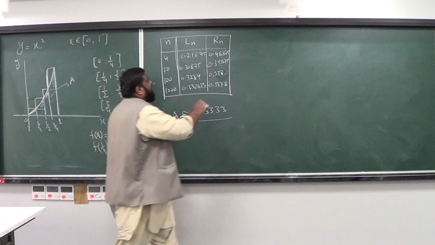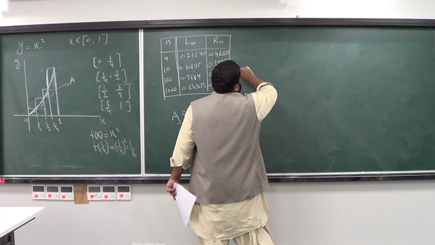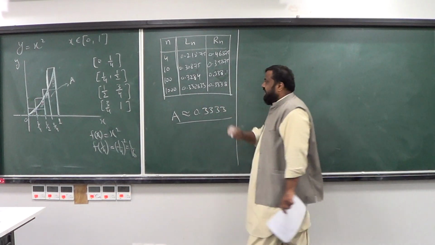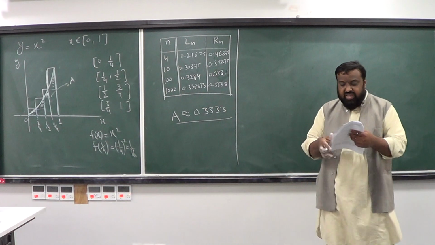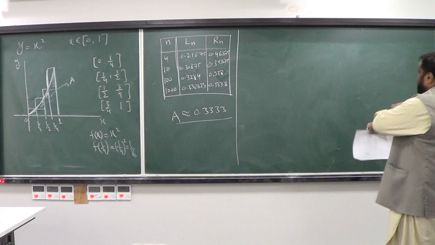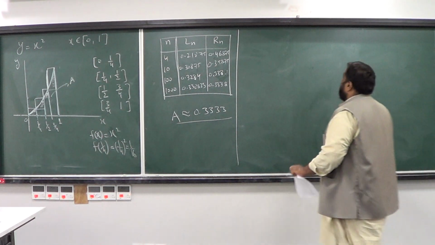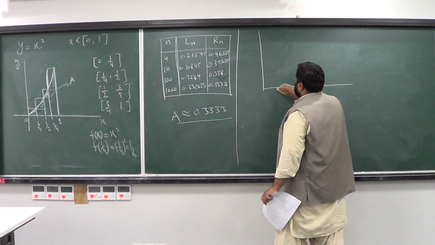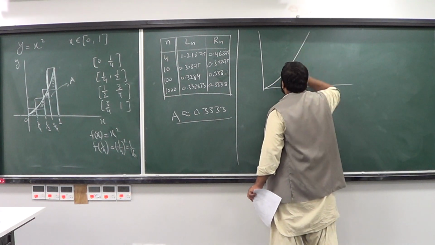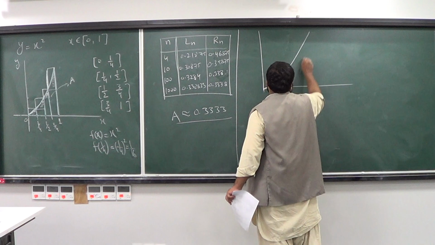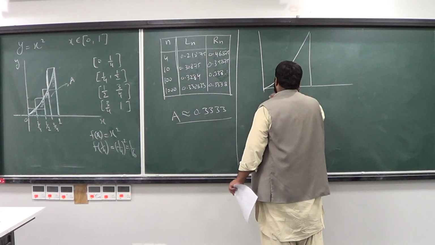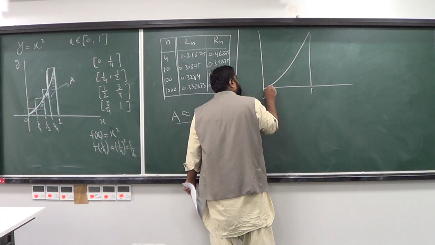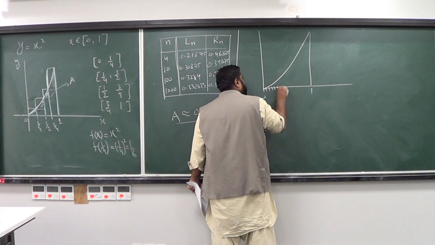Area. Now let's talk about a little bit of a general method to compute such areas. Okay, so for example, let's take the same curve, interval 0 to 1, and I have split it into really tiny parts of equal length.